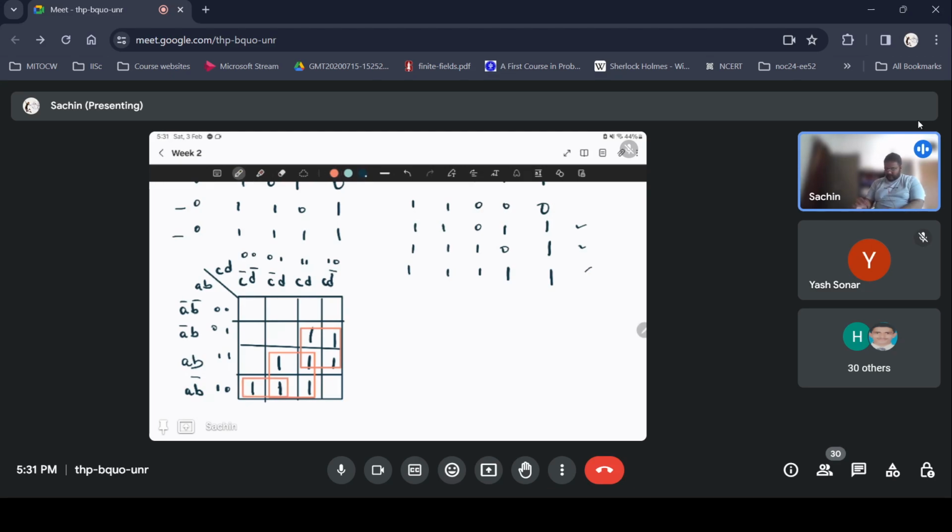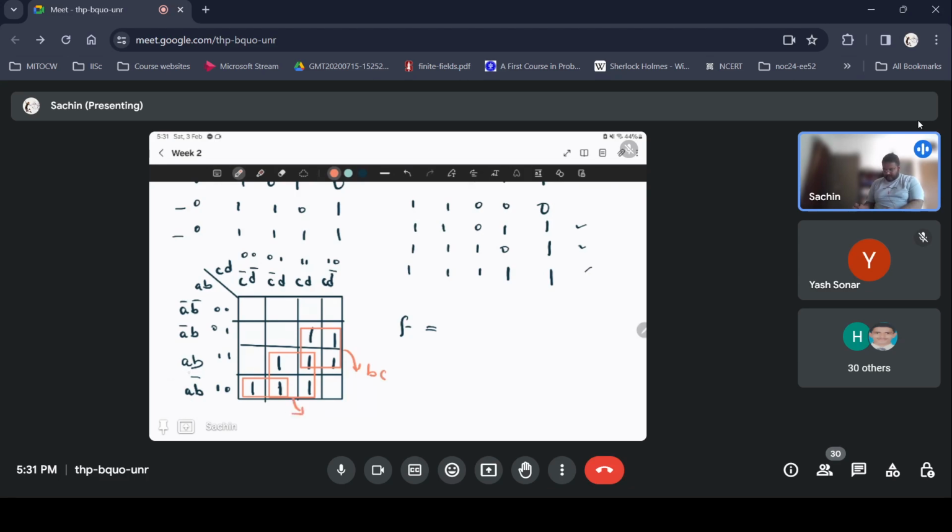And now when we write out the expression f is equal to, for this block, a bar is changing to a, so a is eliminated, and d is changing to d bar, so d is also eliminated. So the expression for that block is bc.